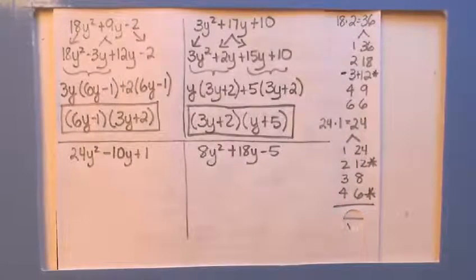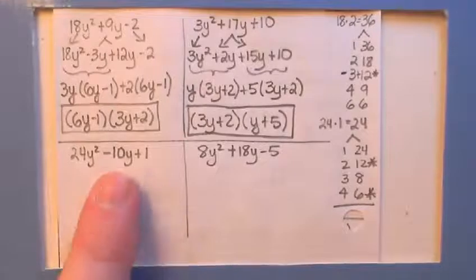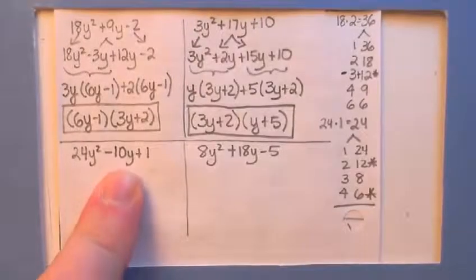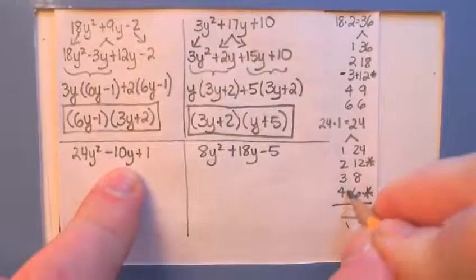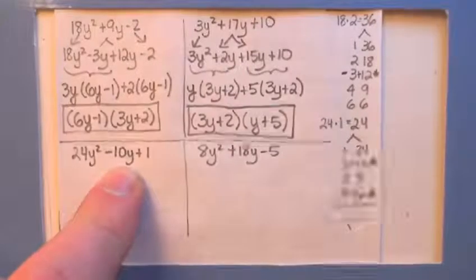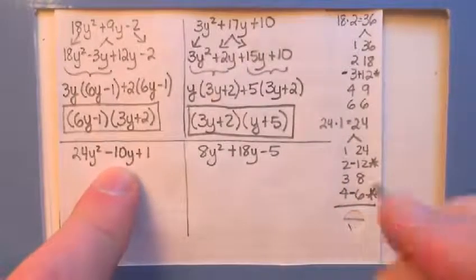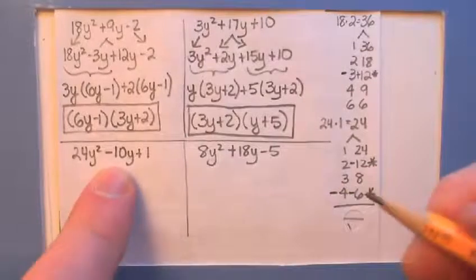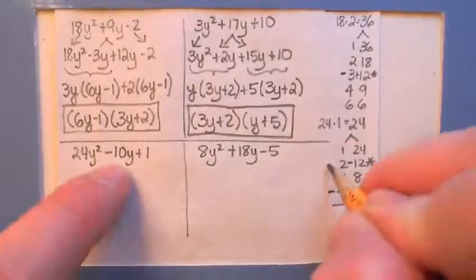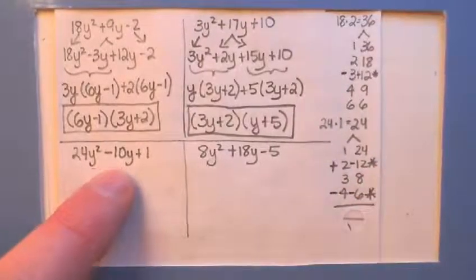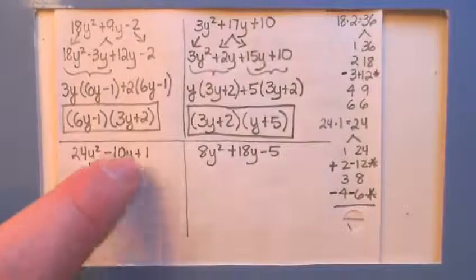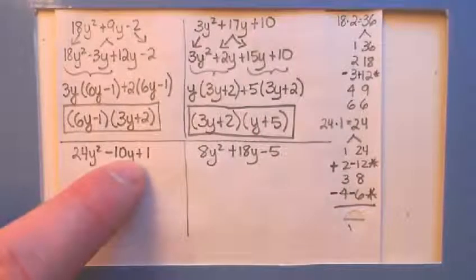Alright, so that means I need to look at the sign in the middle. So that means the biggest digit has to be negative. And if that is so, that means the 4 over here would have to be negative to give me a negative 10. And the 2 would have to be a positive. So the final check is going to come down to this. Which one gives me a positive?